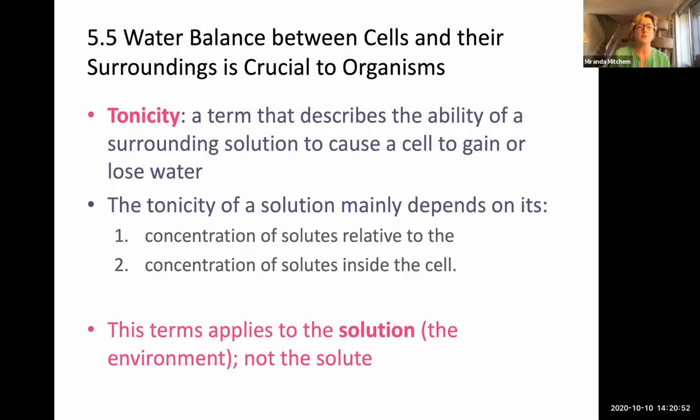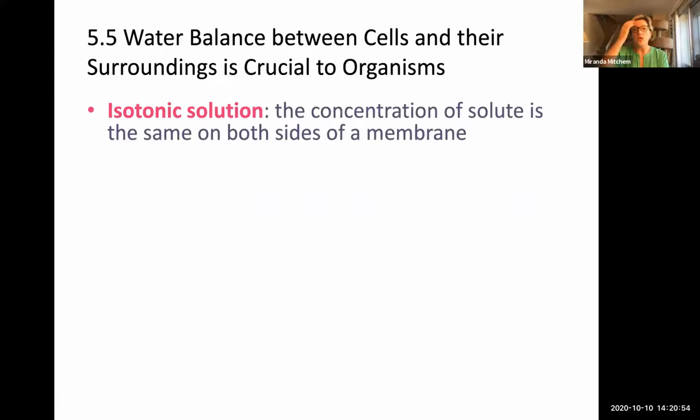Let's take a look. Now, we can apply 3 different prefixes to the word tonic that describe different situations. And we'll look at the example of the red blood cell in these different conditions so that we can begin to understand it.